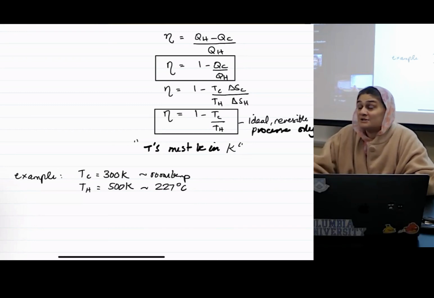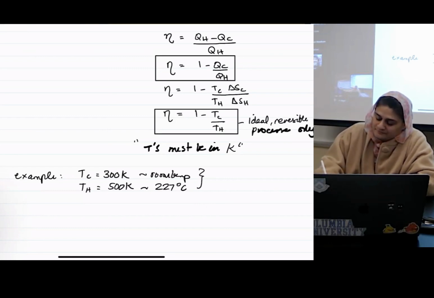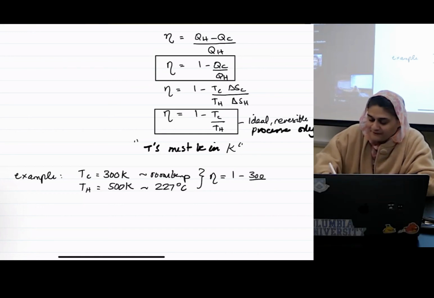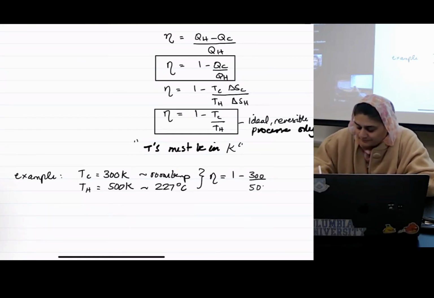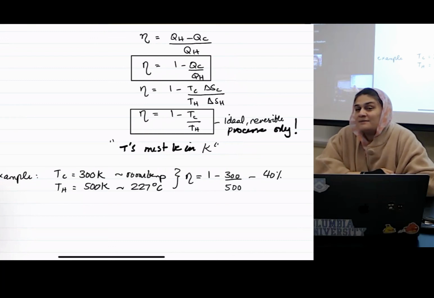So if you had an engine at 200 degrees Celsius and you had to eject your heat to room temperature, about 20 degrees, give or take, figure out what your efficiency will be. 300 divided by 500? 0.4. So it's about 40%, which means what? 60% of the input is wasted.